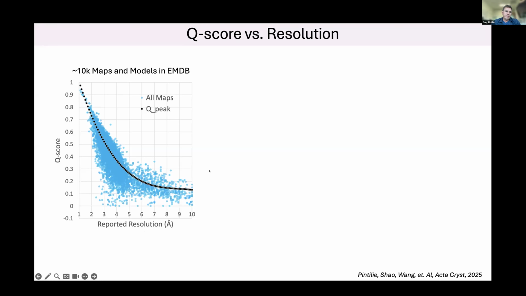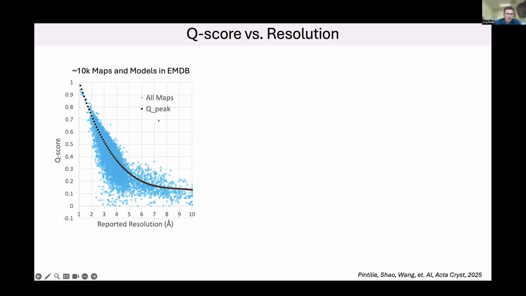What this affirms is that the Q-score measures resolvability, much like resolution does. Resolution is meant to be a measure of resolvability, and the Q-score tells us how well atoms or groups of atoms are resolved. You can apply it to any group size that you want, in this case the entire model. What was interesting is we saw this relationship.